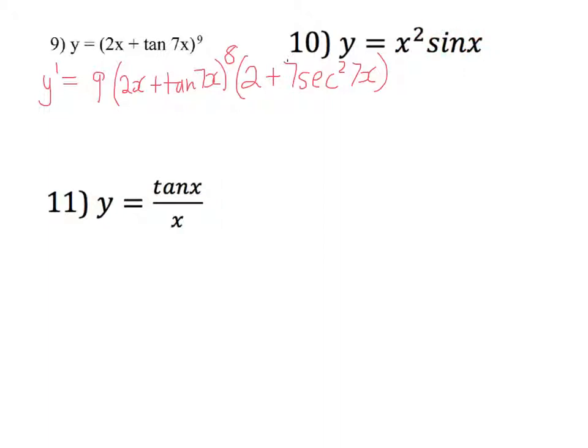So we are going to need to use the product rule to differentiate this, where u equals x squared, u dash equals 2x, v equals sine x, and v dash equals cos x.